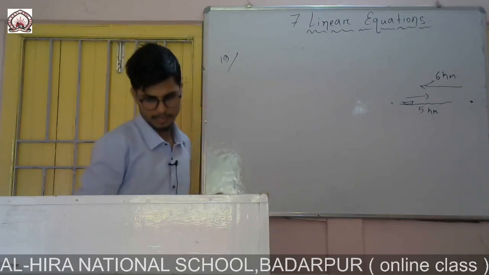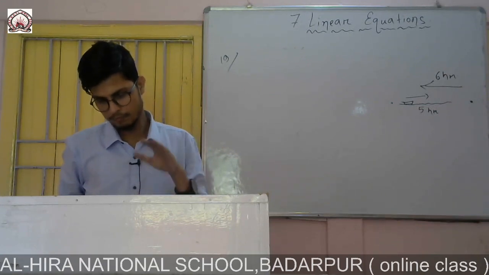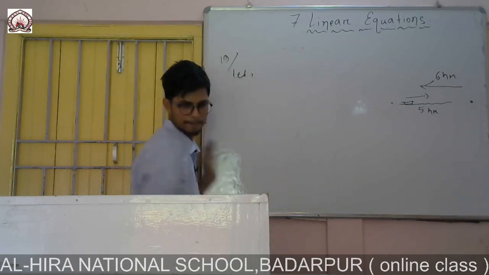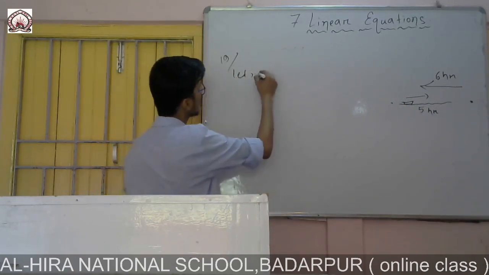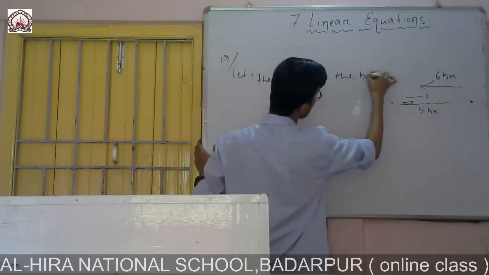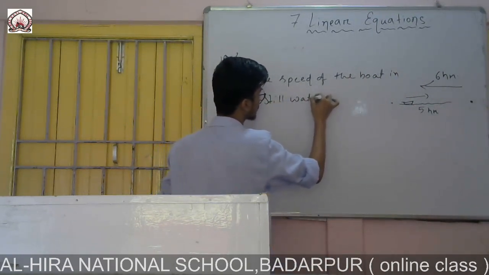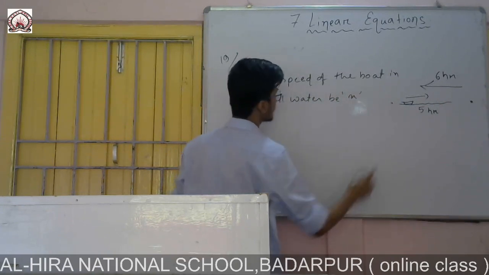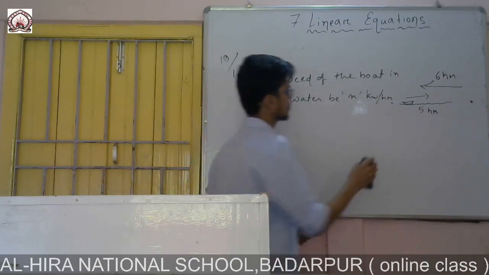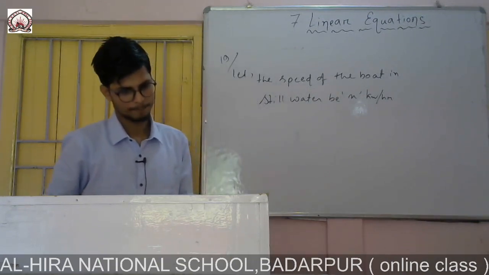Okay. So first of all, the question is to find the speed of the boat in still water, if the speed of the stream is given. First we let the speed of the boat in still water be x kilometer per hour.